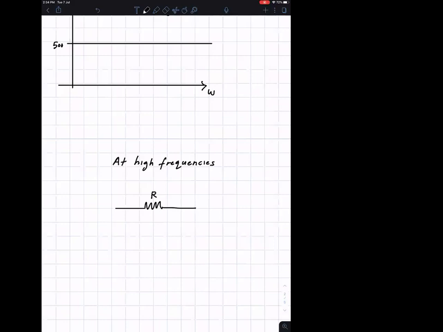The resistor has some kind of lead, so the resistor will have lead inductance, L over 2 on both sides. And the resistor also has a capacitor. This is a complete model of a resistor, a capacitor called CA, charge separation.